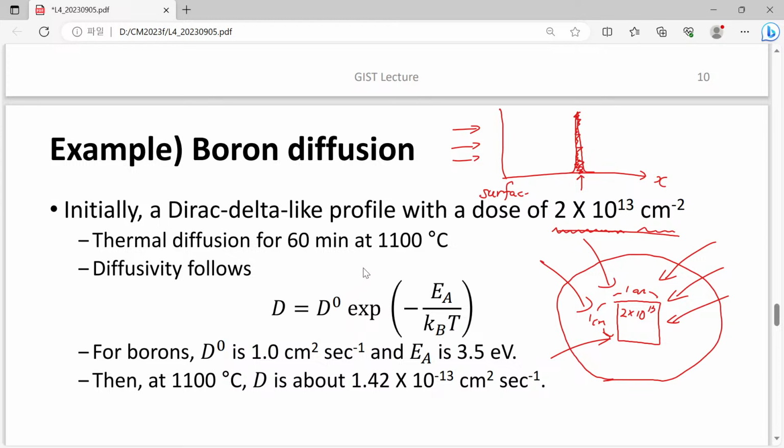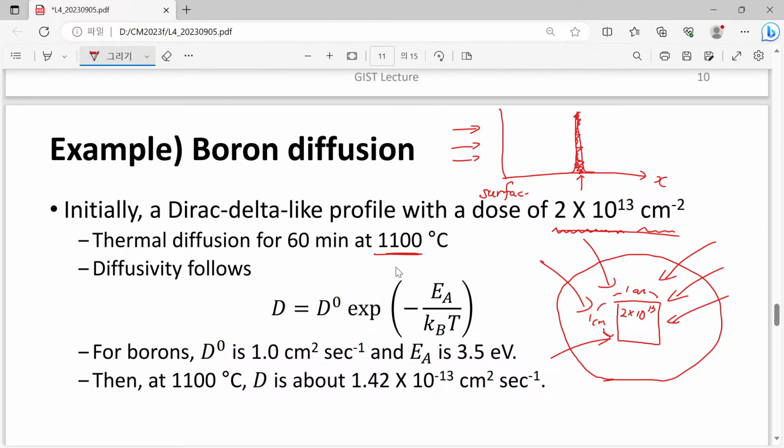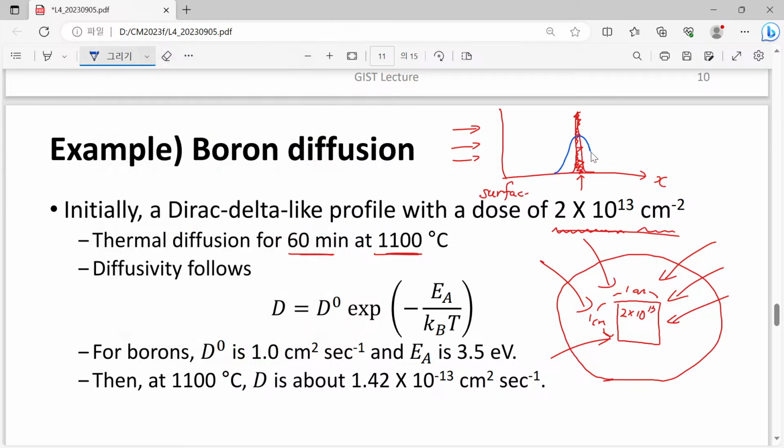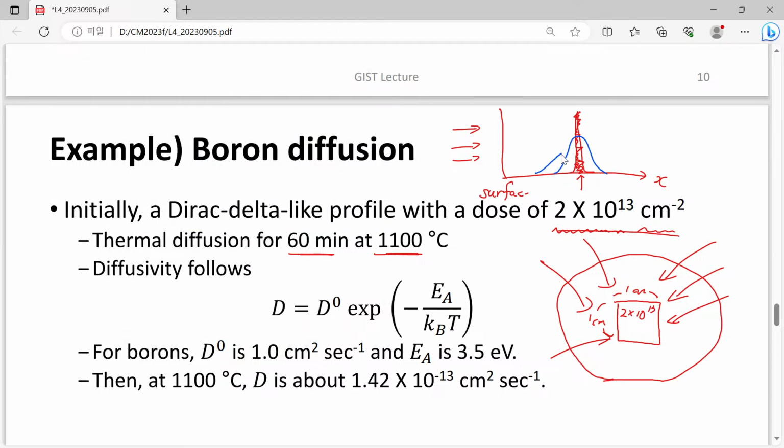After that, let's assume that we have applied heat, high temperature, 1100 Celsius for 60 minutes, 1 hour. Then what will happen? Of course, what you expect is, although initially that was highly concentrated, since we have such a steep difference, after time elapses it becomes more and more distributed if we increase the process time. That is explained here.